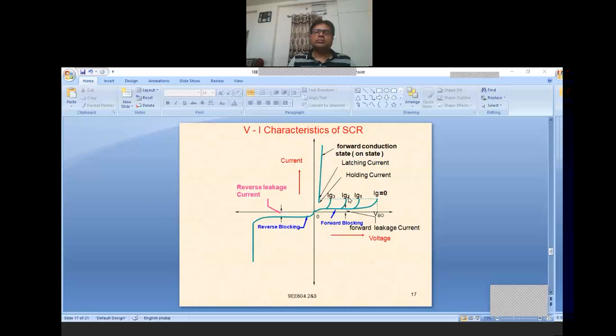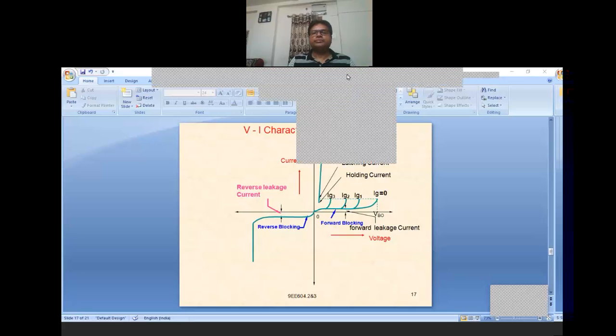So the voltage drop across the SCR becomes very very less, and now SCR current goes on increasing rapidly and it enters into conduction mode.